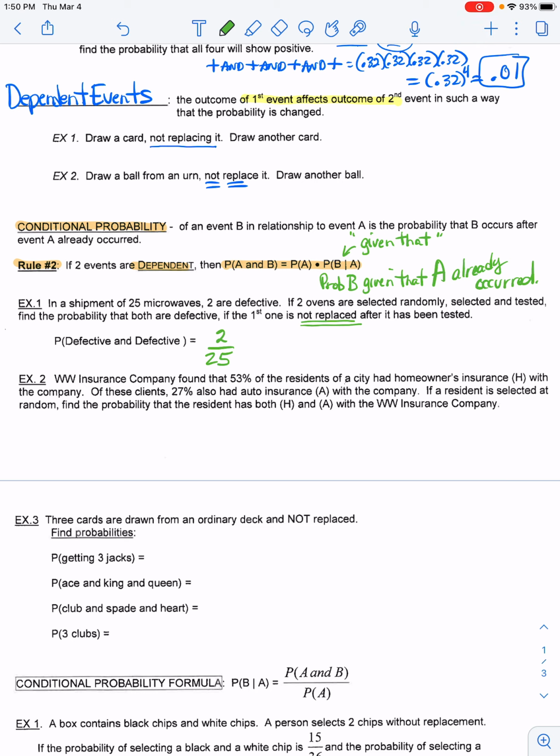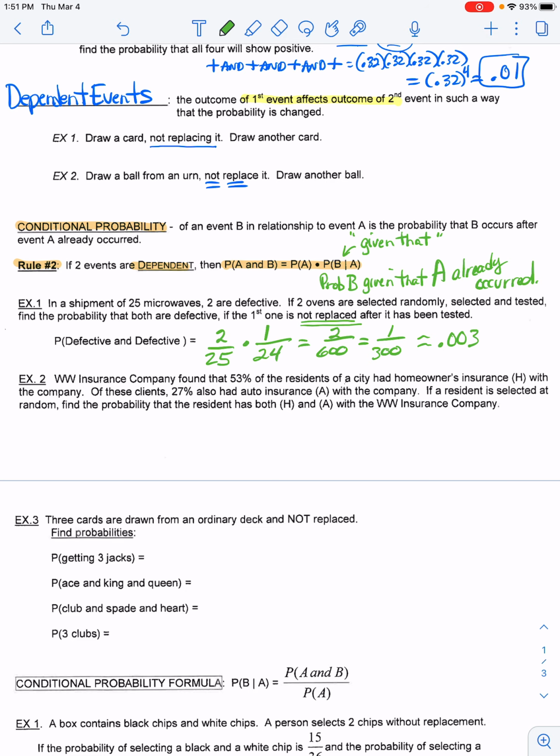We take that microwave, throw it out in the dumpster, then we look again. Since we got rid of the first one, now there's only 24 microwaves. Since we got rid of one of the bad ones, only 1 remains. So now we have 2 out of 600, and if you reduce, you get 1 over 300. That's your probability. If you'd like a decimal, it's around 0.003.